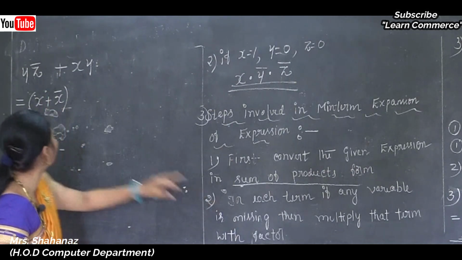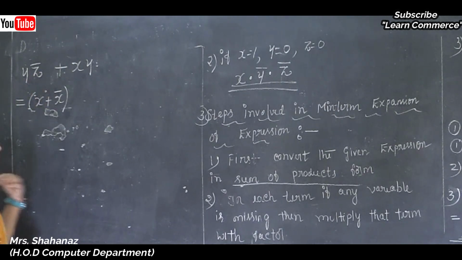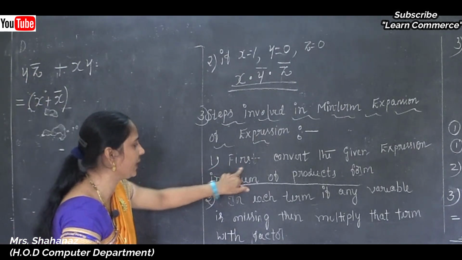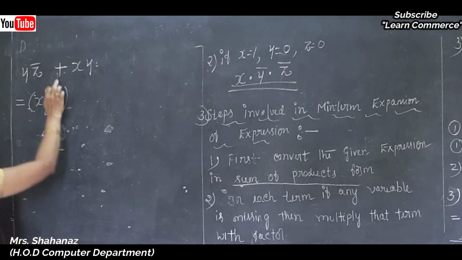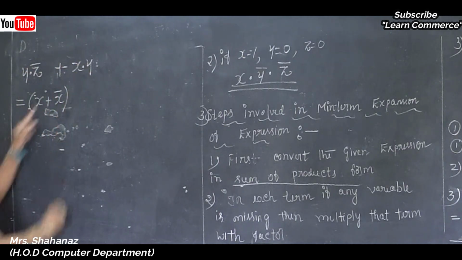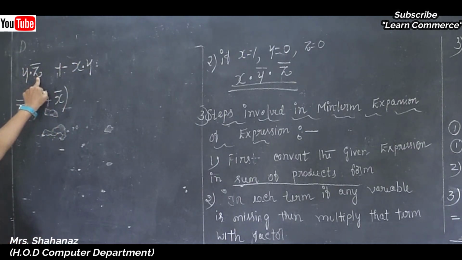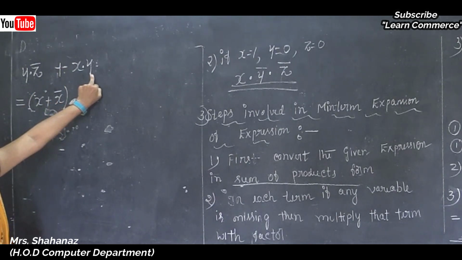Clear this point here? First, convert the given expression in sum of the product form: y and complement of z, and plus x and y. So first convert the given expression in sum of the product form.